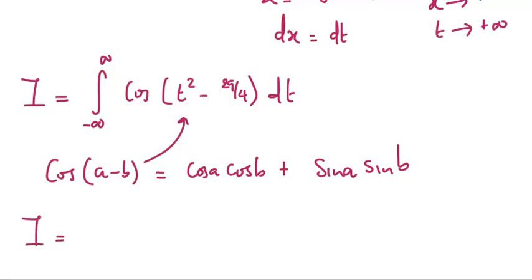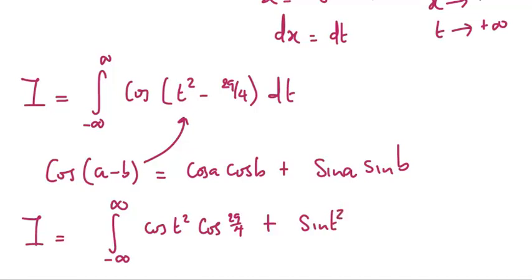Therefore, our I is going to be equal to the integral from negative infinity to positive infinity of cosine of t squared multiplied by the cosine of 29 divided by 4, plus sine of t squared multiplied by the sine of 29 divided by 4, right? And then we have our dt.